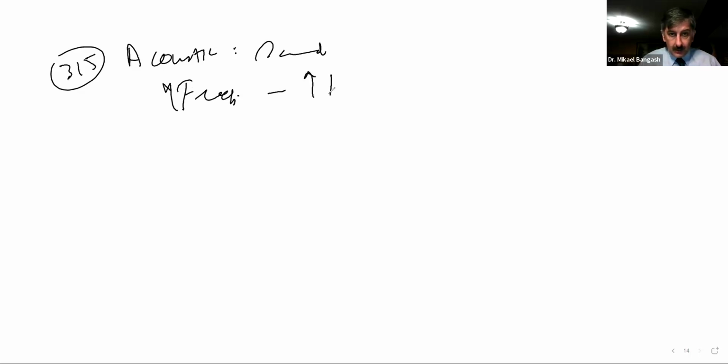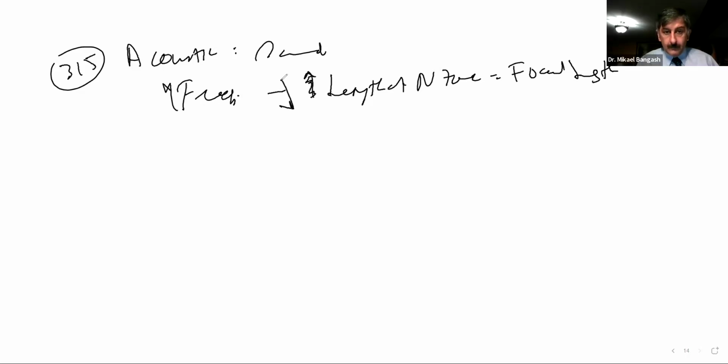That'll lead to a shorter length of the near zone, which we also said is going to be equal to our focal length. That's false, because we know that frequency and focal length are directly proportional.